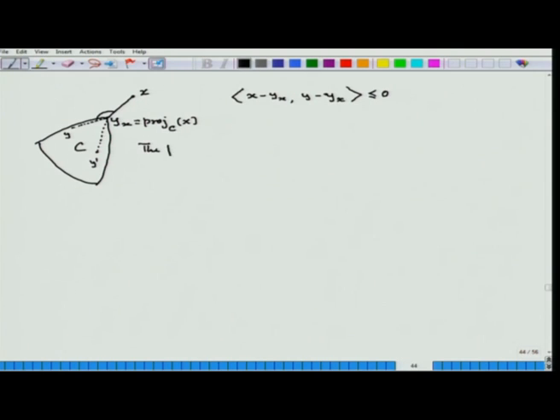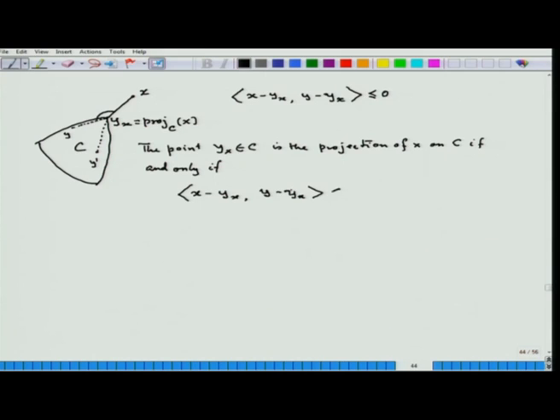So, let me write down a very important result. The point y x, element of C, is the projection of x on C if and only if the inner product of x minus y x and y minus y x is less than or equal to 0.